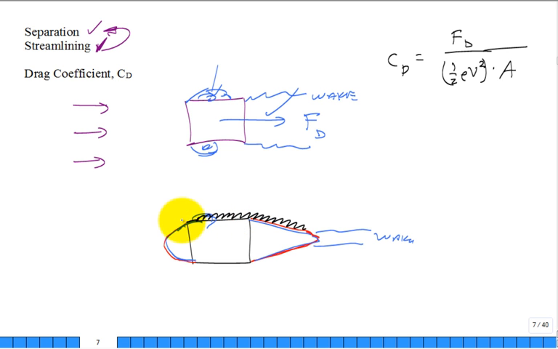Is that what that A is? No, it's not. What is that A? It's that projected area. So it's the silhouette area. So sometimes I'll put projected on it. A lot of times people just put A, and you need to know what it means. So you look in the direction that the flow is coming at the body, and then you just look at the silhouette.